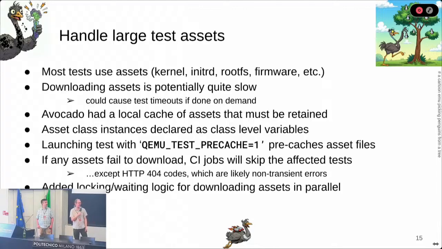The only exception to this is if you get a 404 error code when downloading the asset, because we think that is probably an indication that the asset has gone away permanently, so we treat 404 errors as a fatal error. In some circumstances, we can download assets in parallel, so we also have some locking around our local cache so that we keep it consistent even when we have parallel downloads.